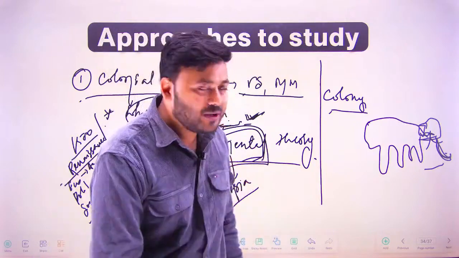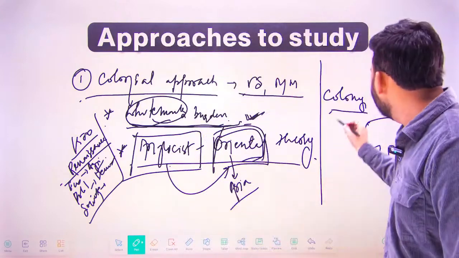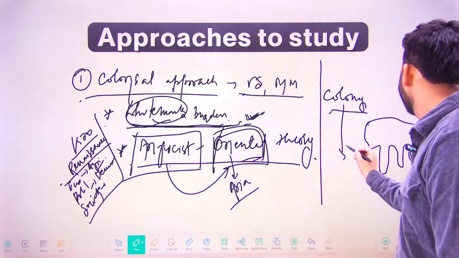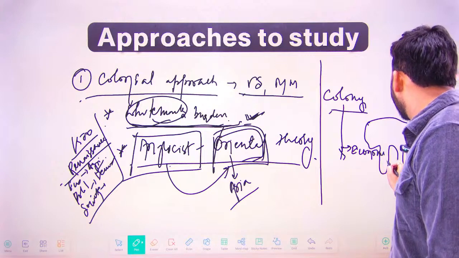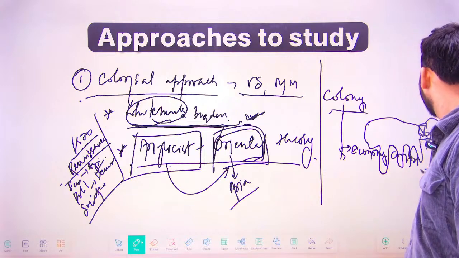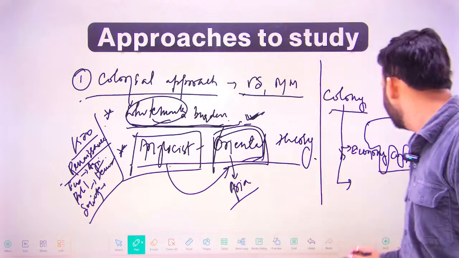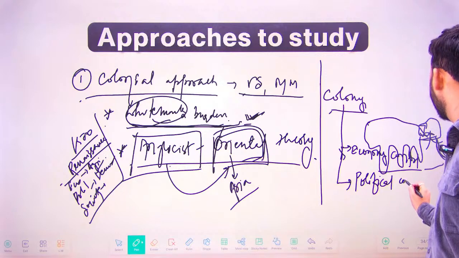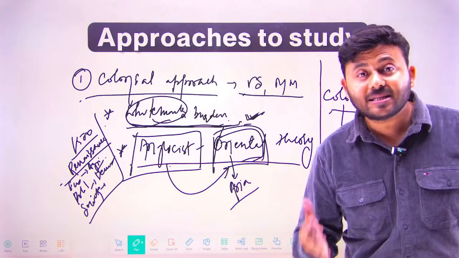And what exactly is a colony? The definition of a colony is an amalgamation of three things. First is economic control. Second is political control. Third is cultural control.